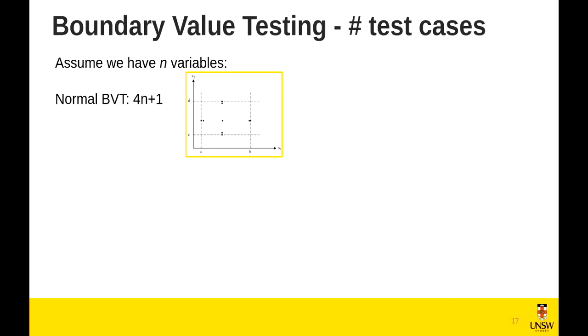Actually, the number of test cases we need for each type of boundary value testing is determined once we have fixed the number of variables to be tested. So assume we have n variables. For normal boundary value testing, we need to create 4n plus 1 test cases.